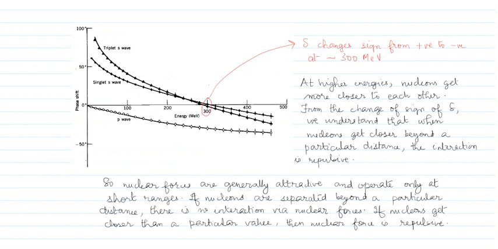And that happens at high energies. At high energies, there is more likelihood for the nucleons to come closer to each other. And that is where this delta changes sign. So we should understand that when nucleons are getting closer to each other, the interaction is becoming repulsive.